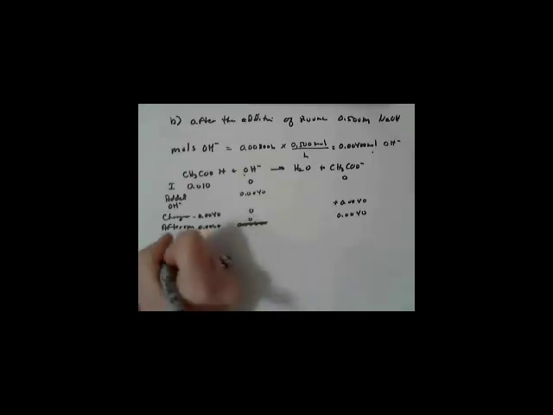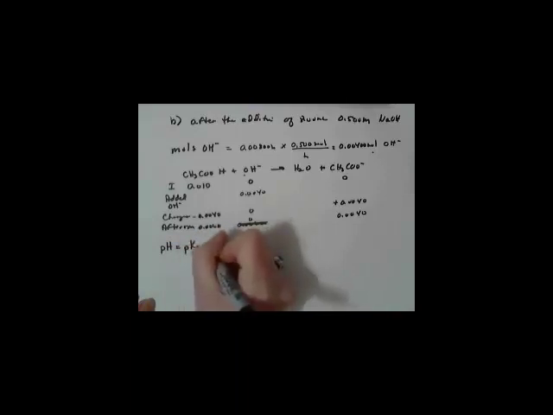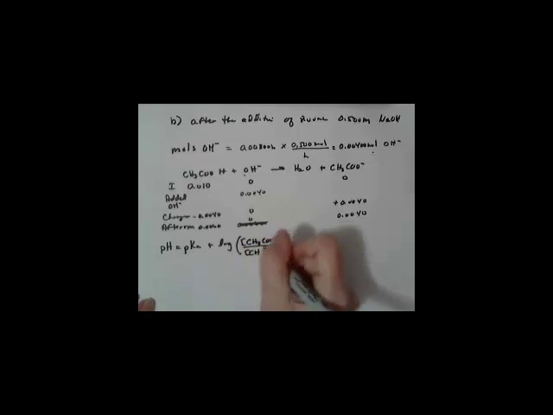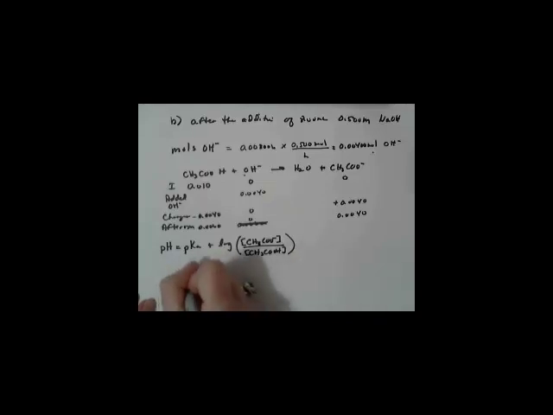So now we're ready to use the Henderson-Hasselbalch equation, where pH is equal to the pKa plus the log of the acetate ion concentration over the concentration of acetic acid. The pKa is just the negative log of 1.8 times 10 to the negative 5, which is Ka. So we have pH is equal to 4.74, that's the pKa, plus the log.